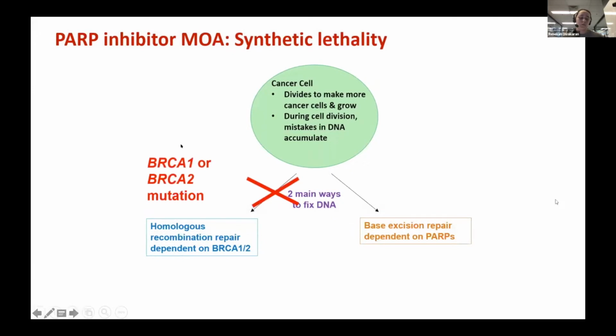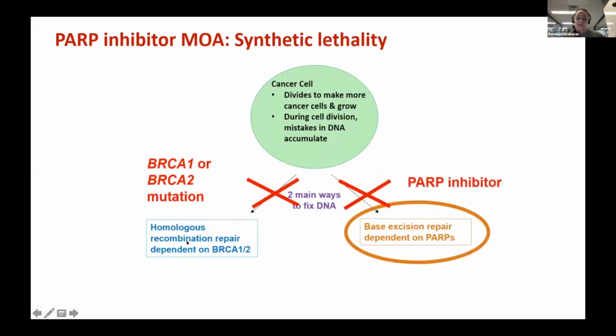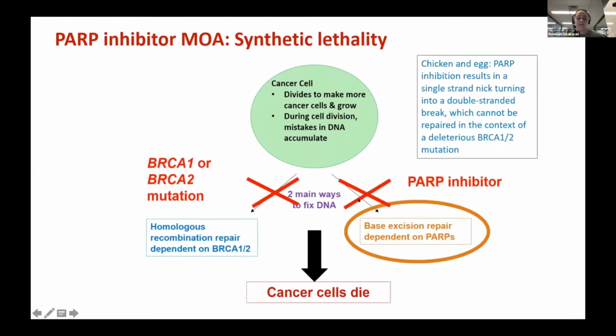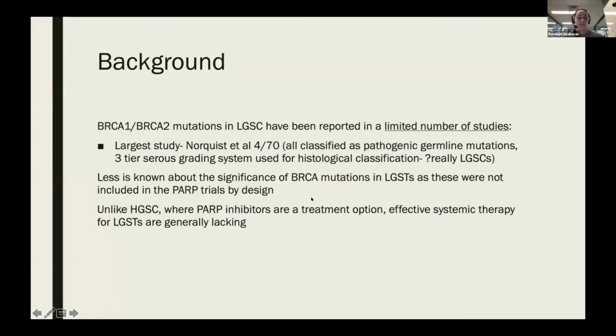The problem is when you get a mutation in BRCA1 and BRCA2, it basically cuts out the ability for the cell to use this pathway. And we can exploit that by adding a PARP inhibitor to block the other pathway. So that means that the cancer cells aren't able to continue proliferating, and you'll get cancer cell death.